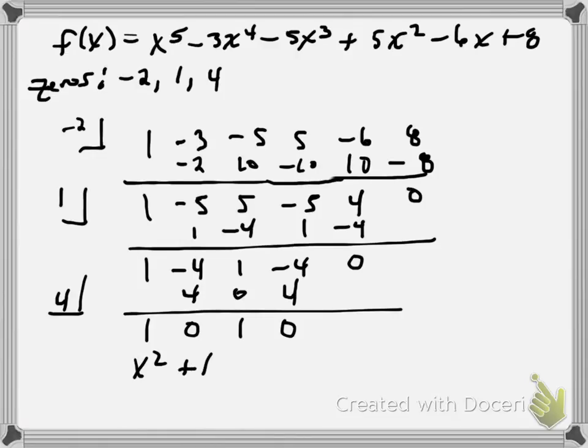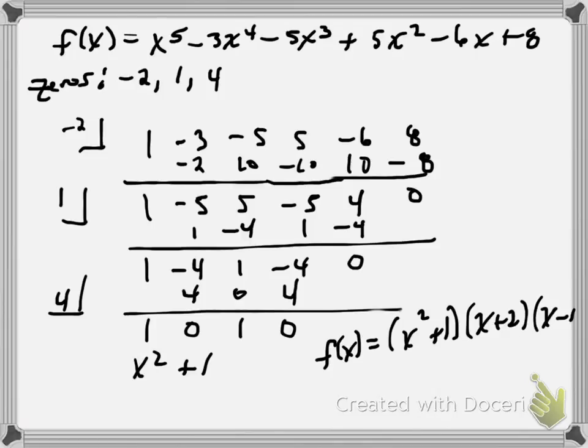And so I'm going to have f of x equaling x squared plus 1 times x plus 2 times x minus 1 times x minus 4.